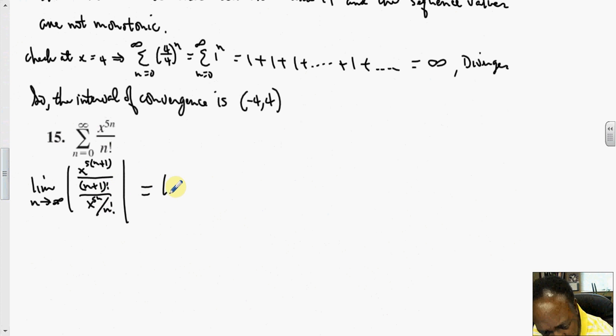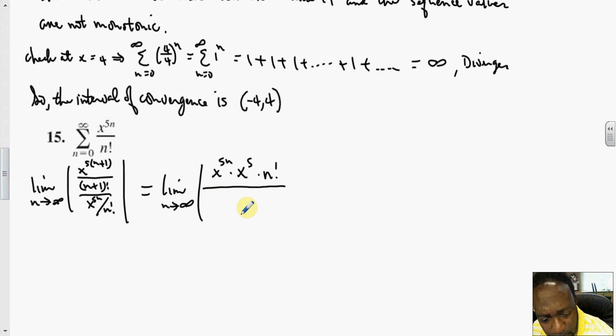We'll simplify this. This is the limit as n goes to infinity of the absolute value of x to the 5n plus 5, or times x to the 5th, and that n factorial comes upstairs. This is divided by n plus 1 factorial, which is n plus 1 times n factorial. I'll just write it here. And this is times x to the 5n.